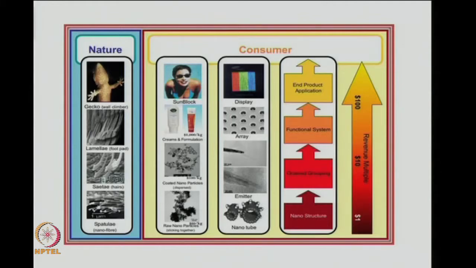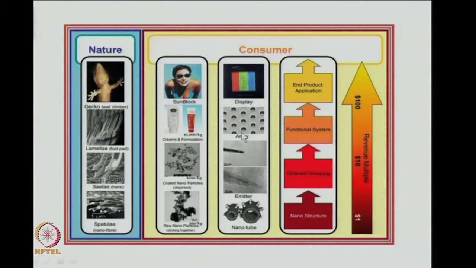So, if we look around us, we will see man-made objects like consumer products based on nanomaterials and nanotechnology. For example, you have these sunblock creams which are basically nanoparticles, some of them of TiO2 and other nanomaterials which are already in the market, which are being used as creams or lotions, and they are based on nanoparticles.